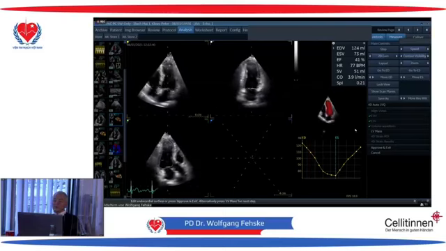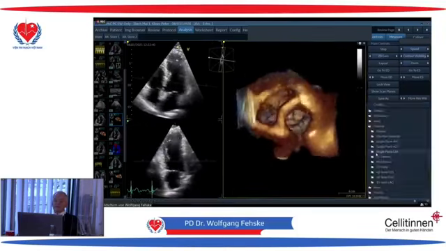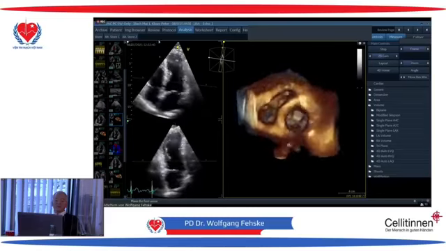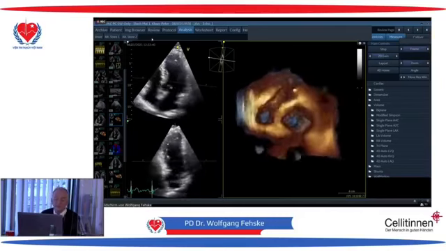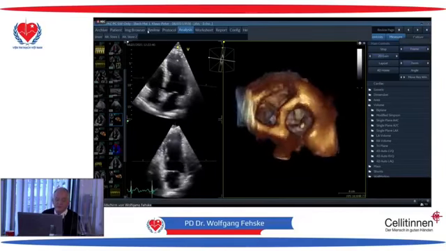Okay, so this is not so interesting for me, and I never calculate in the 3D aspect the strain, because triplane strain is much better. It is just to show you. But what we have now is much more interesting.